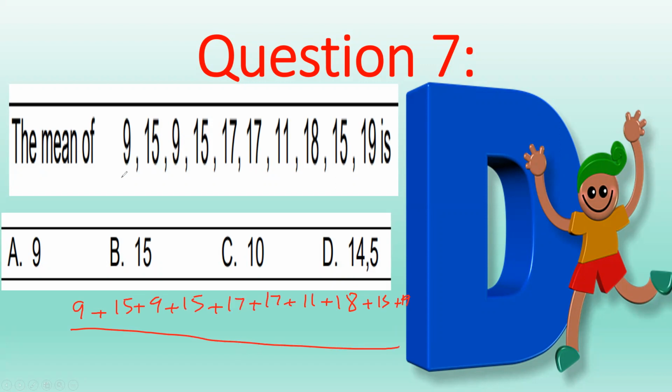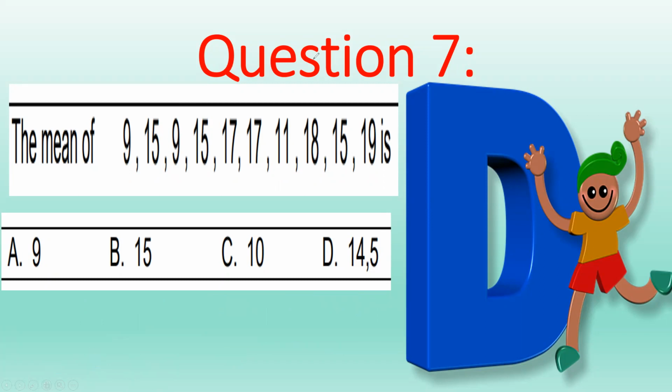Over what? 1, 2, 3, 4, 5, 6, 7, 8, 9, 10. We have 10 numbers. So when you add them all, you get 145 over 10, which is 14.5. I hope everything is fine. You are just adding them all and dividing by how many numbers you have. Question 7, done. In this question, what we are learning is the mean. Mean means average.